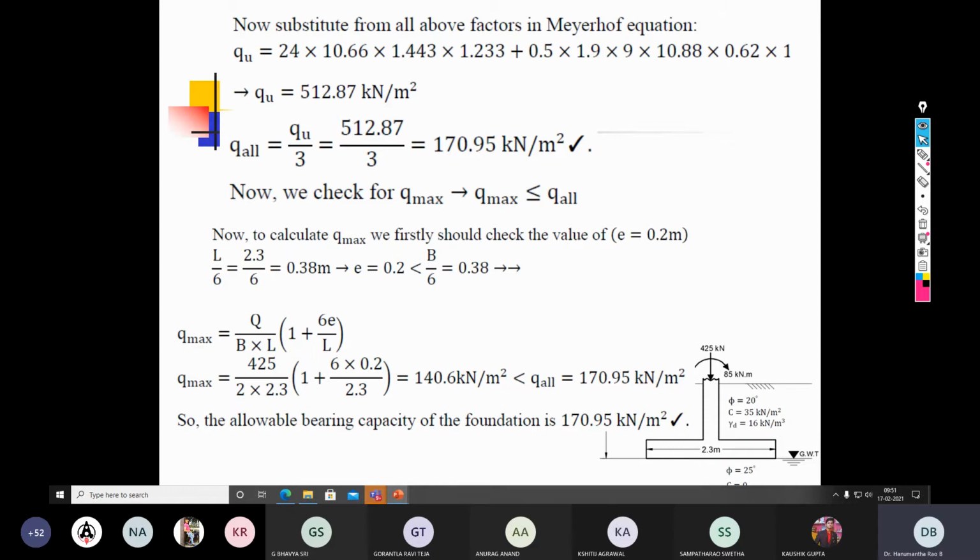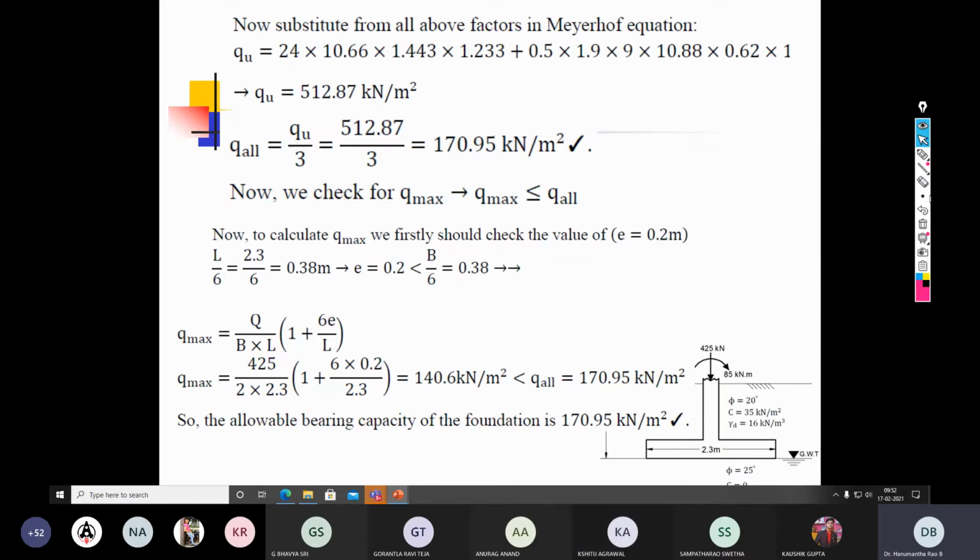But there is another component, the pressure coming from the superstructure, which is accounted for in the form of Q max or Q min. So this 170 is the pressure acting in the upward direction, and this 140 is the pressure acting in the downward direction.